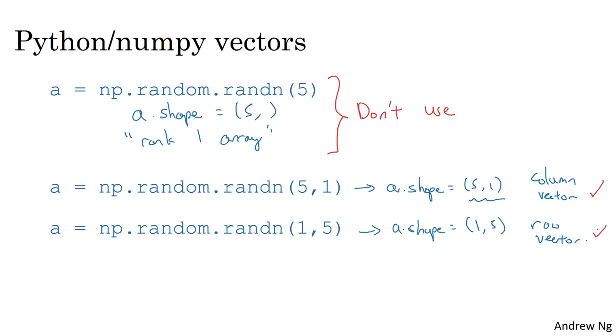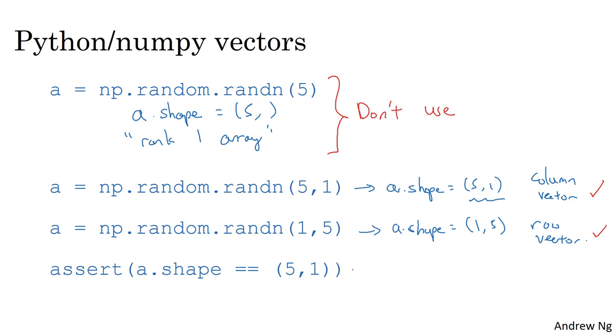One more thing that I do a lot in my code is if I'm not entirely sure what the dimension of one of my vectors is, I'll often throw in an assertion statement like this to make sure, in this case, that this is a 5 by 1 vector, so this is a column vector. These assertions are really inexpensive to execute, and they also serve as documentation for your code.